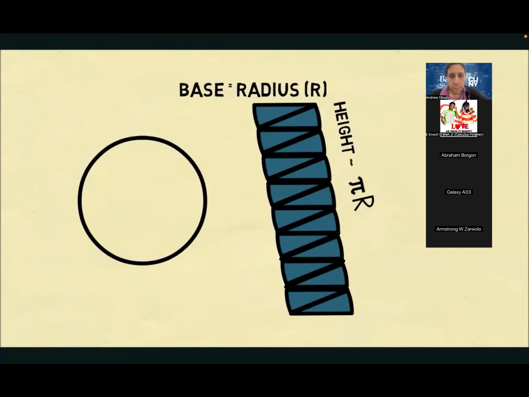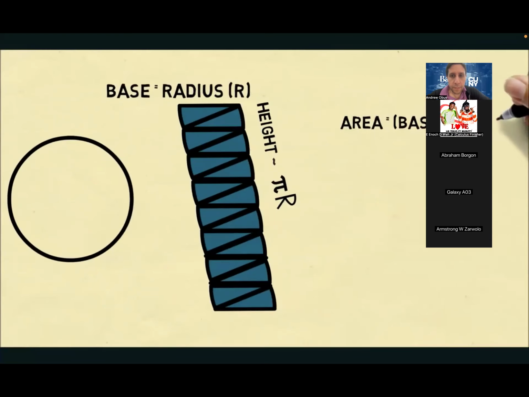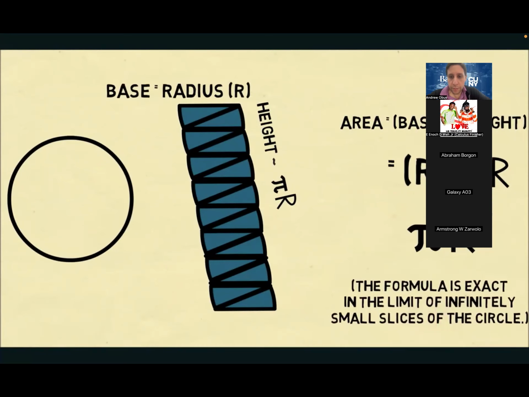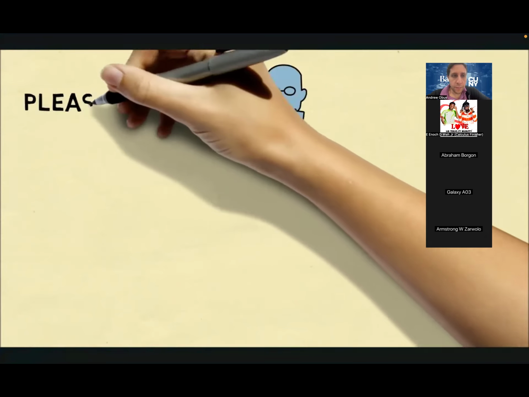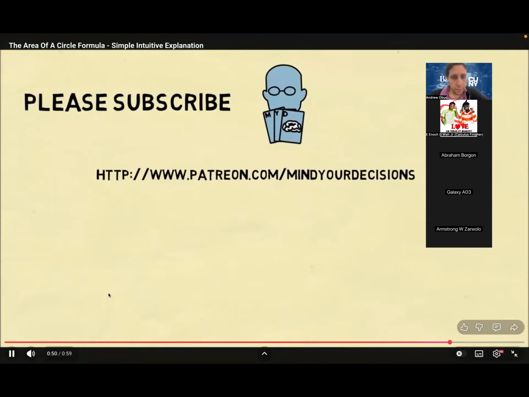Since the circumference is 2 pi r, half of it is pi r. The area of a rectangle is its base times its height. We substitute in the values, and then we multiply to get the area of a circle as pi r squared. This formula becomes exact when we make the slices infinitely small. Please subscribe to my channel. You can support me on Patreon.